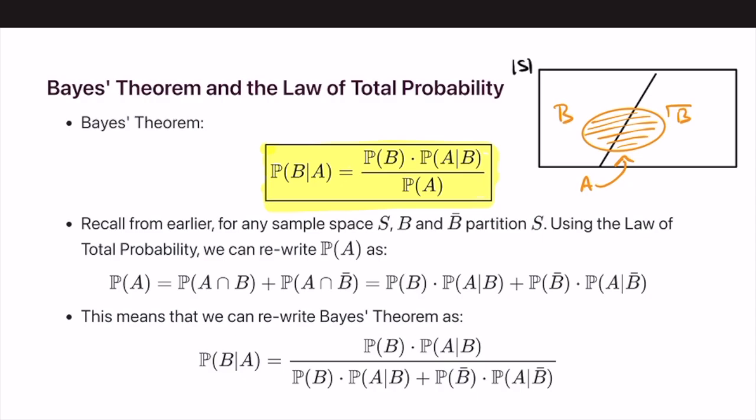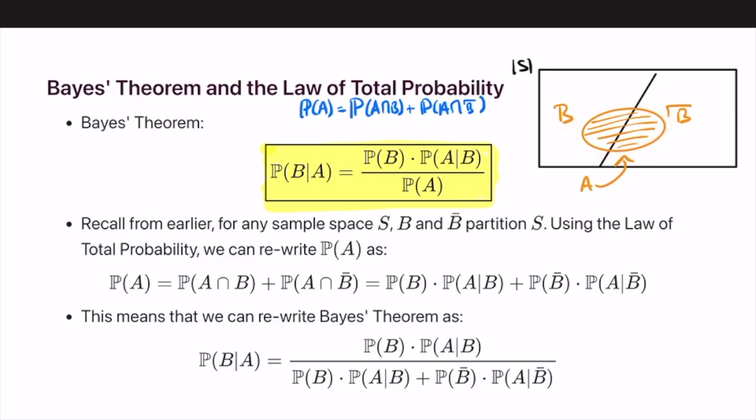Yeah, so we have the probability of A is equivalent to the probability of A and B plus the probability of A and the complement of B. And this makes up our sample space of our event, the probability of A right here.